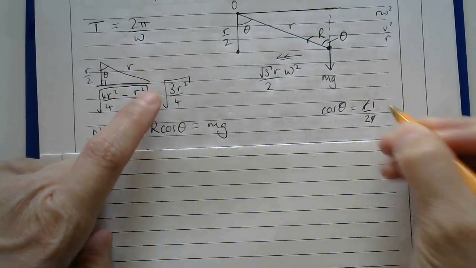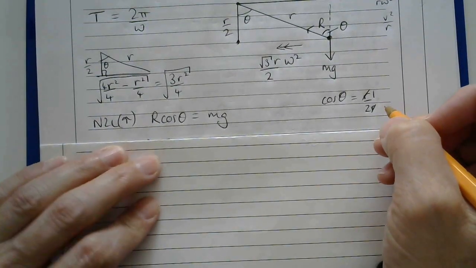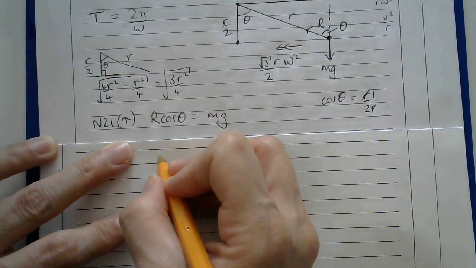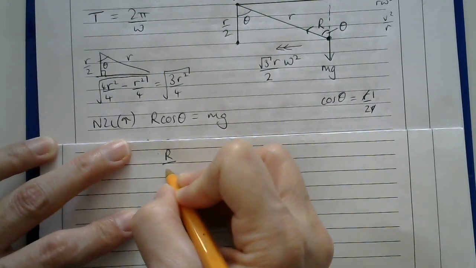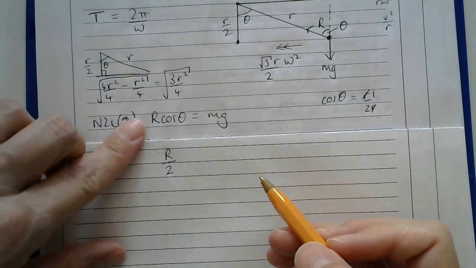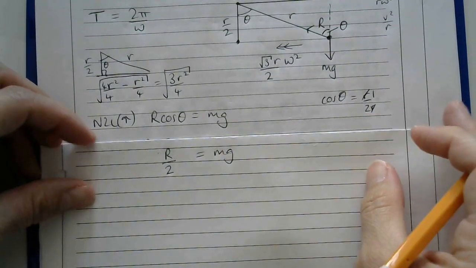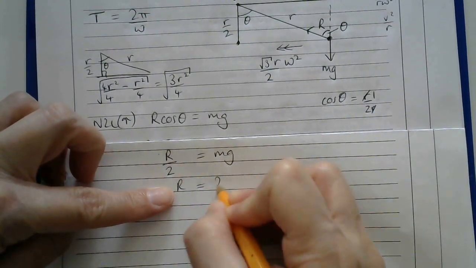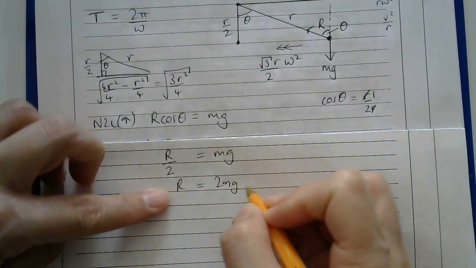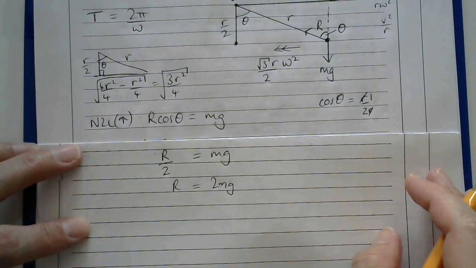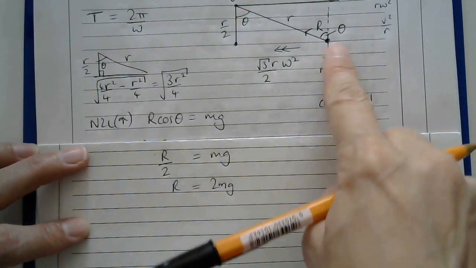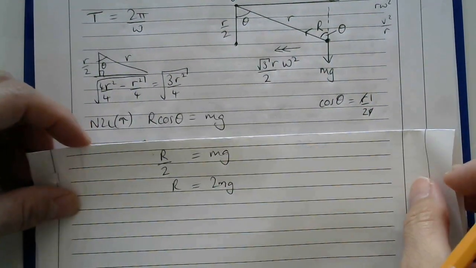So that will make a half. And so then I can just get that r divided by 2. So R times cos theta, R times a half, makes mg. So now I know that R is 2mg.